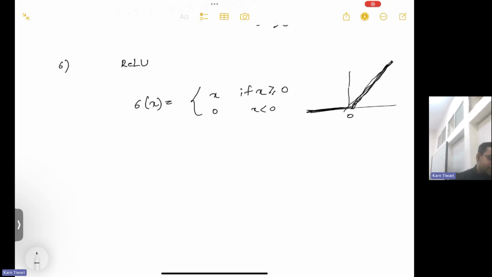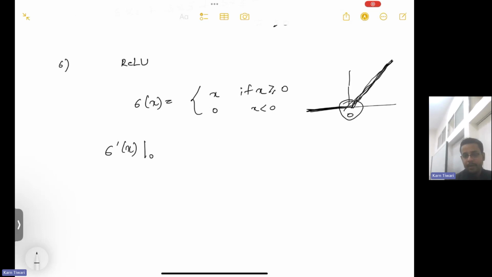So it's asking what's the derivative of this function at 0. First of all, the left hand limit and the right hand limit match, so it's continuous. But the left hand derivative is 0, the right hand derivative is 1. 1 is not equivalent to 0, so it's not differentiable. So the answer is that.